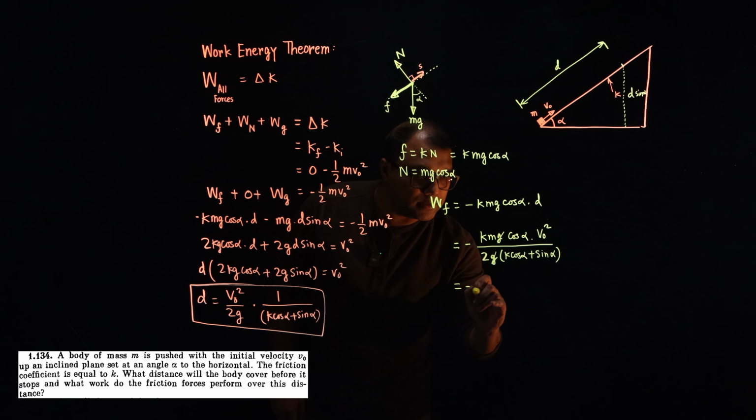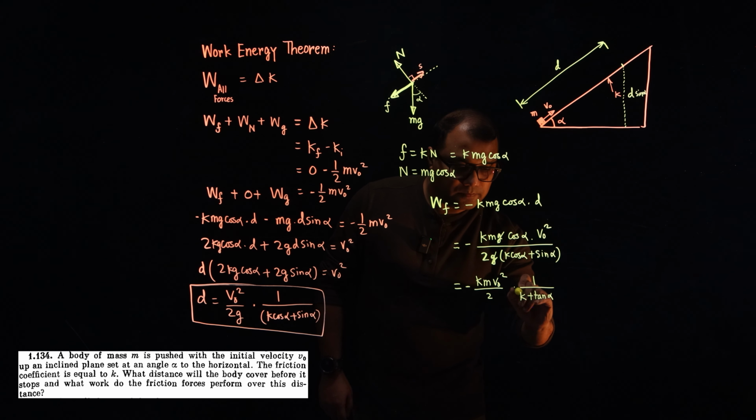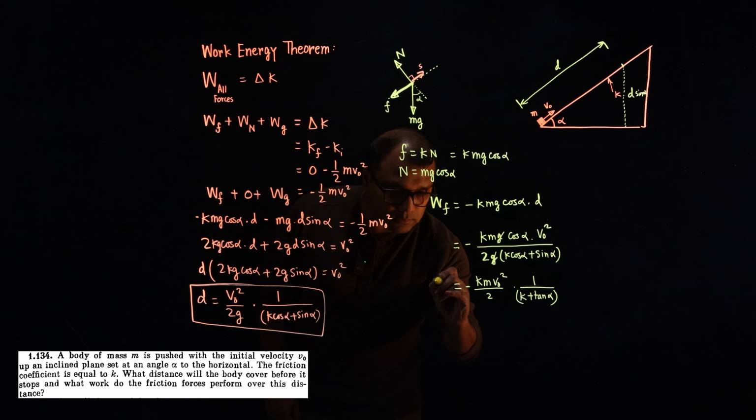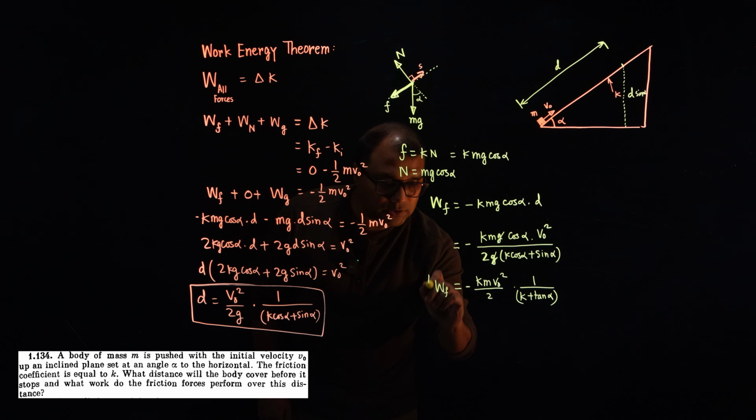So this is minus k m v0 square by 2, cos alpha over (k cos alpha plus sine alpha). If we divide numerator and denominator by cos alpha, it becomes k by (k plus tan alpha). So this is the work done by the friction forces.